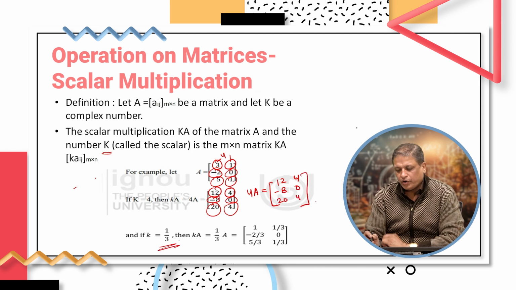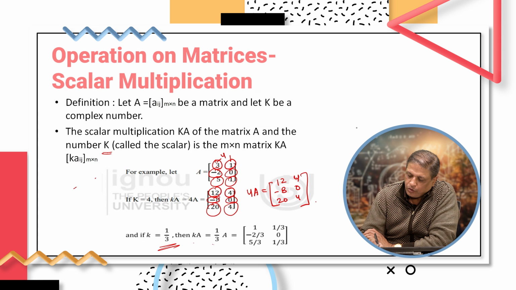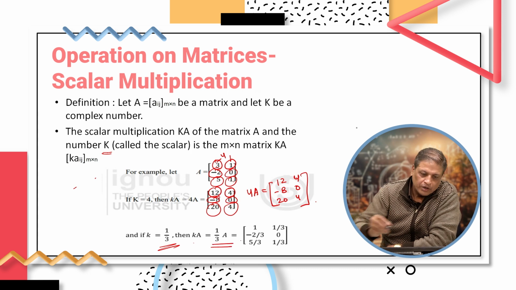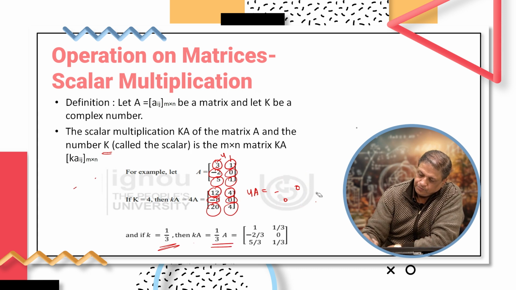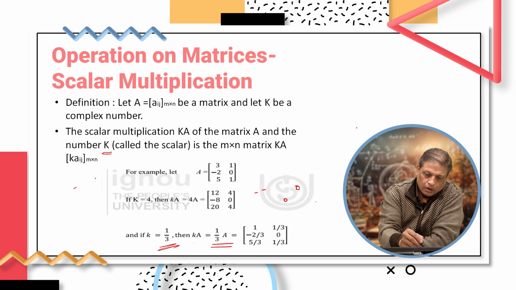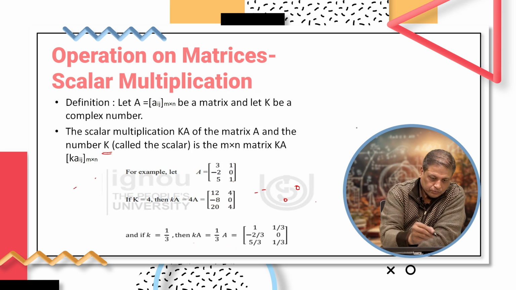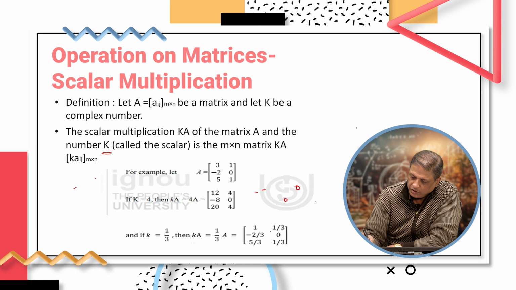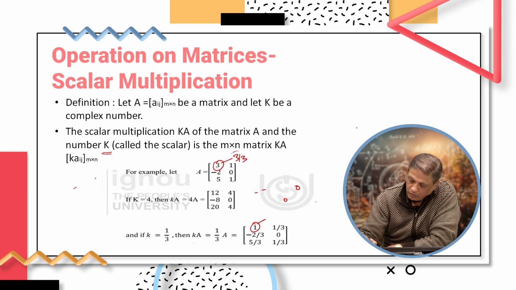If the value is 1 by 3, then KA will be equal to 1/3 of the value of A, and you will see that this turns out to be 3 divided by 3, that is equal to 1.